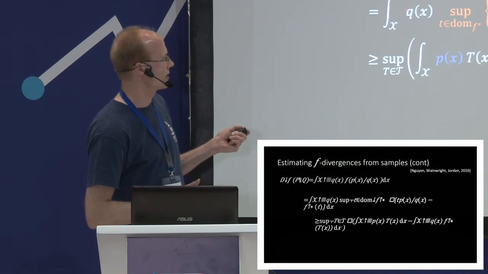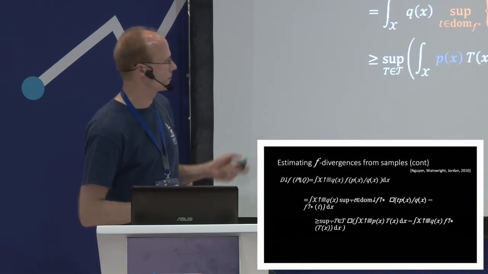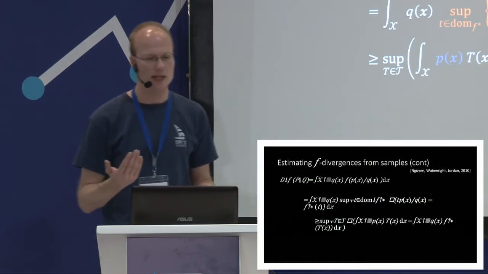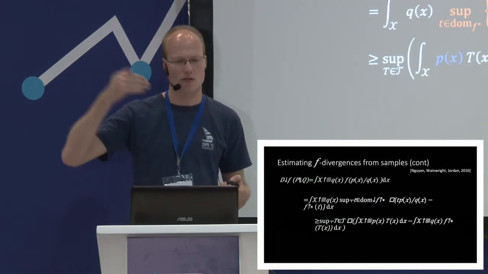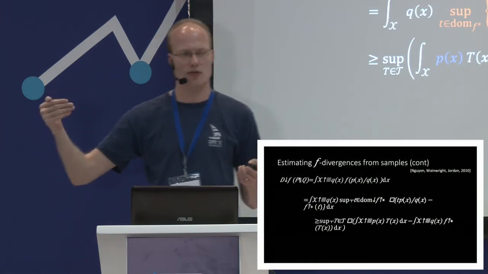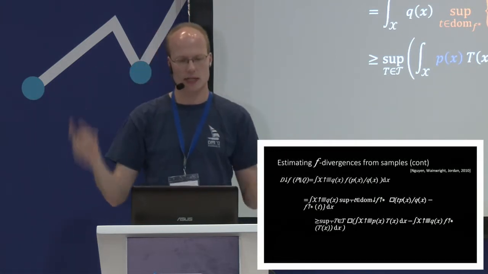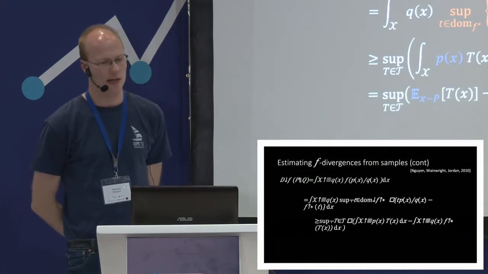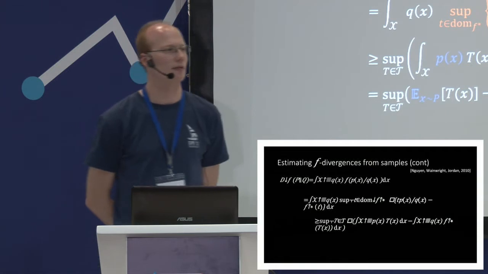So it cancels here, and then we actually add it here. And now the interesting thing about the resulting object is, these are two integrals over distributions, p and q, and integrals over distributions can also be written equivalently as expectations. And this is very similar to the GAN objective.